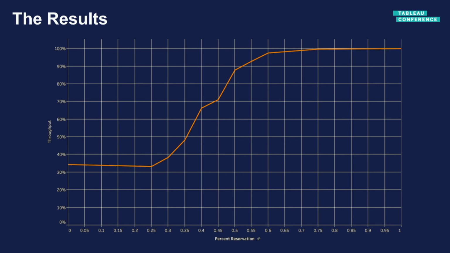We actually got about 34%, so only a third of the throughput, because every time the resources were changing hands, there was context switching, the CPUs had to change out their caches, and it was really expensive. So the important thing here isn't just that the more reservation you have, the higher the throughput, but that by having none, you're cutting your performance by more than half. It's a really big difference.